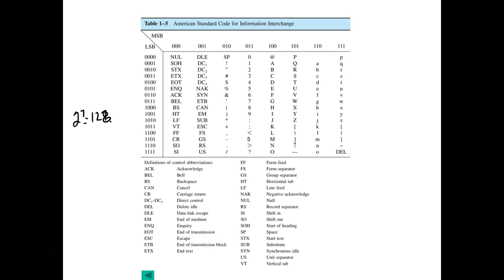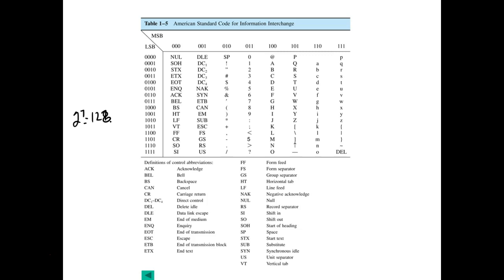Form feed, null, start of header, start of text, end of transmission, inquiry, acknowledge, fail, backspace, horizontal tab, vertical tab. All these tell my computer to do something, so nothing is displayed on the screen. So the first 2 columns of the ASCII code are what we call control codes.